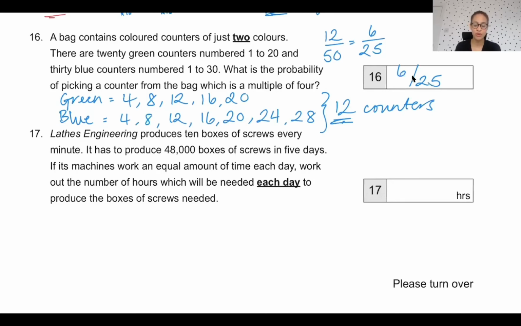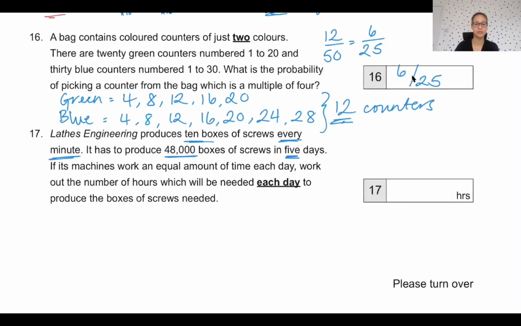It has to produce 48,000 boxes of screws in 5 days. 10 boxes every minute. If its machines work an equal amount of time each day, work out the number of hours which will be needed each day to produce the boxes of screws needed.